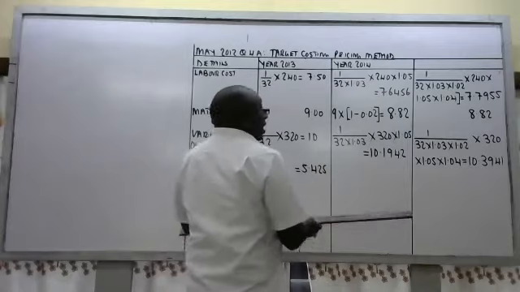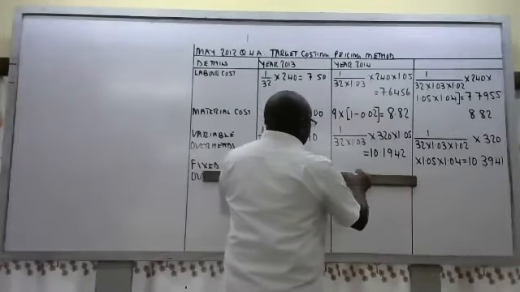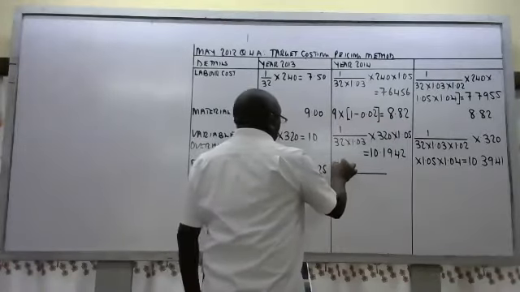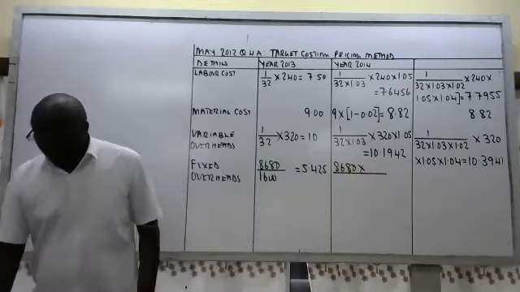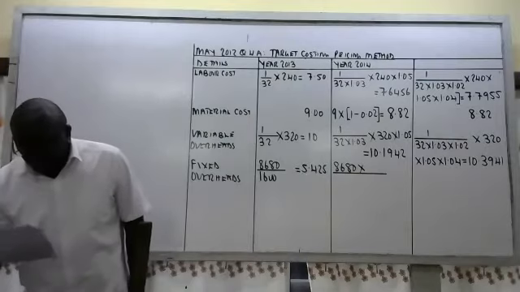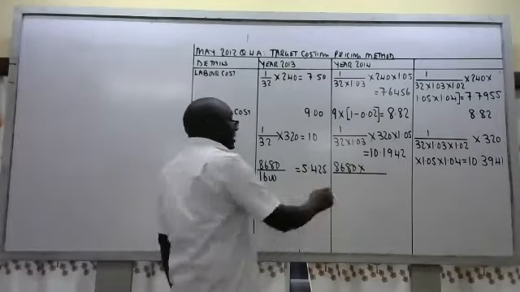5.425. Then when you come to the next year, what you shall do, utachukua hii 8680 multiply by the increase. We are told it is increasing by 4%.